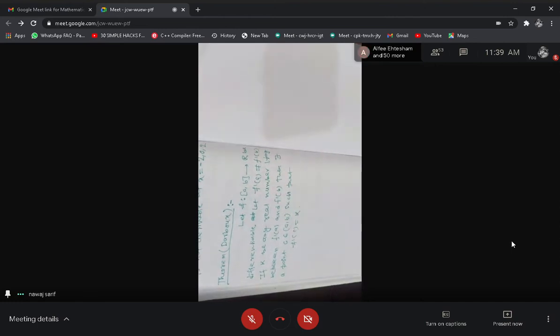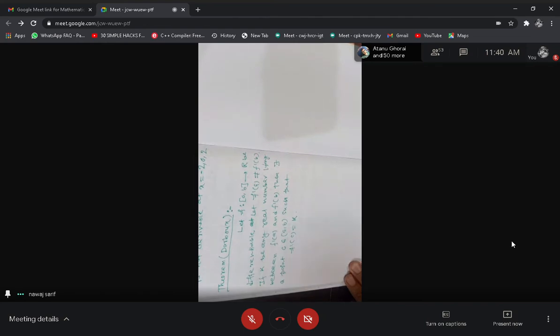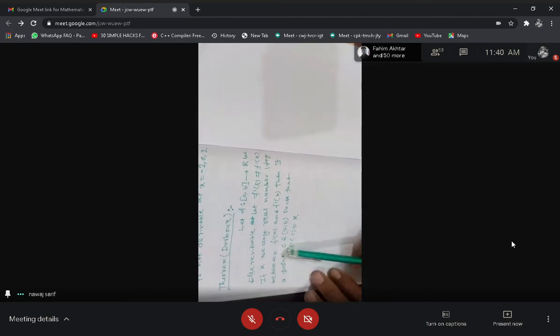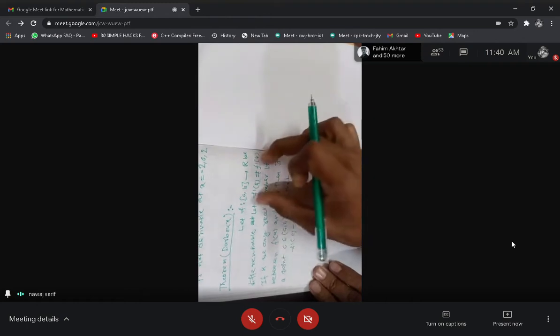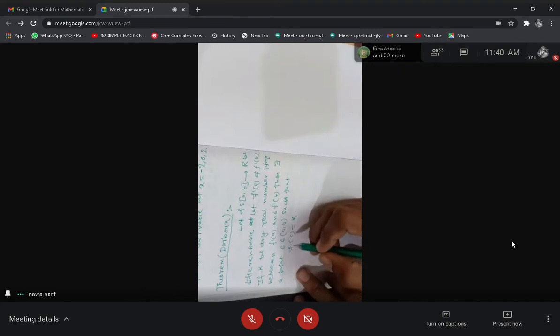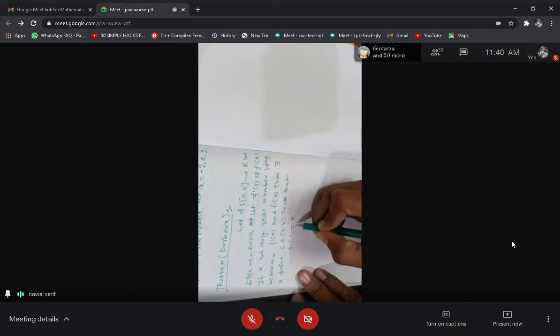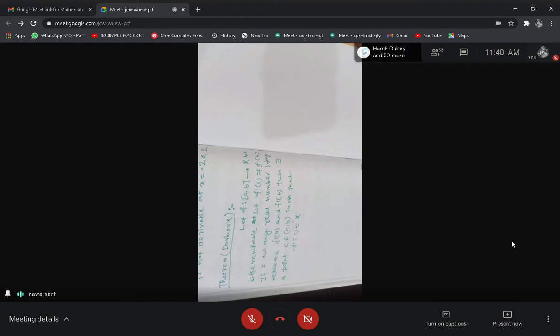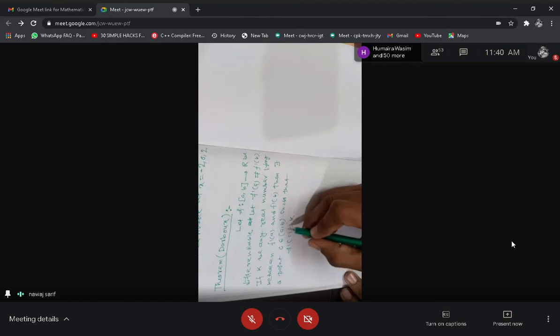So Darboux theorem tells us that if f is differentiable and f dash a is not equal to f dash b, that is, the slope of this function at a is not equal to the slope at b, then there exists a real number between f dash a and f dash b such that c belongs to (a, b) and f dash c equals k.